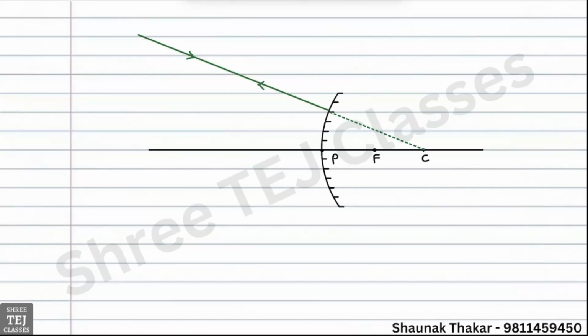So this is rule 3. Incident ray directed towards the center of curvature after reflection retraces its path. So these are the rays which we will use to draw ray diagrams for an object placed in front of a convex mirror.